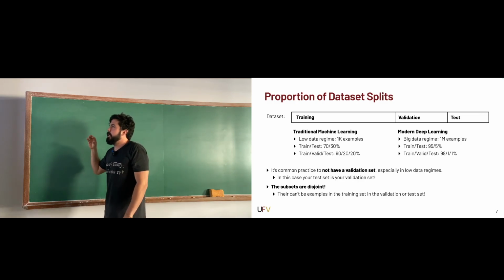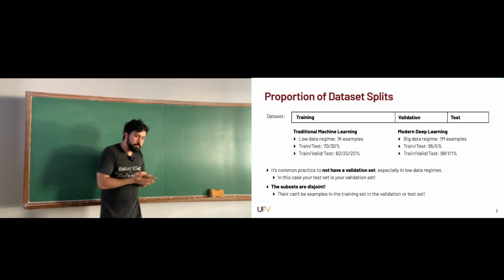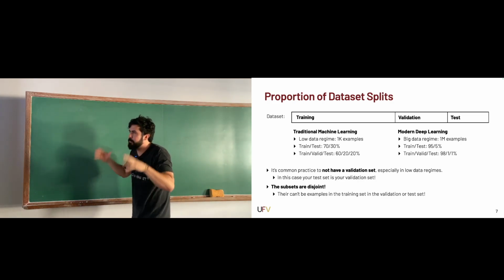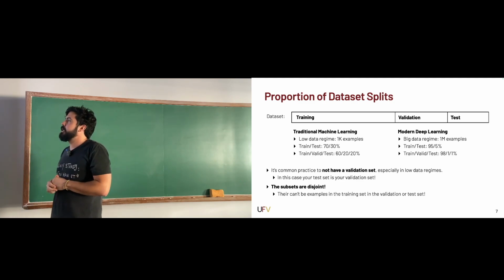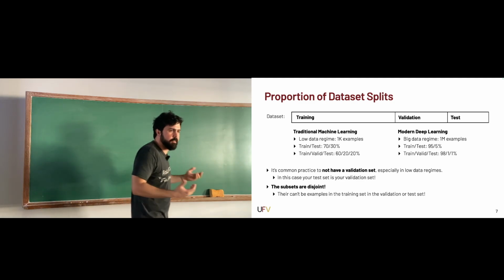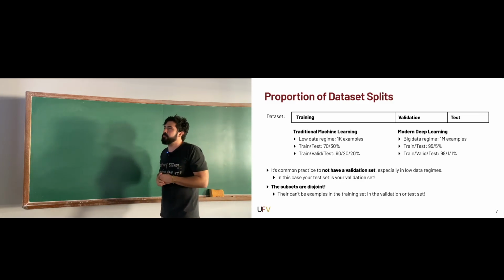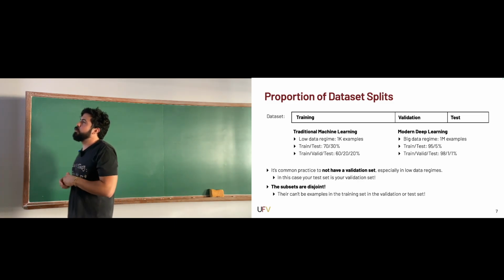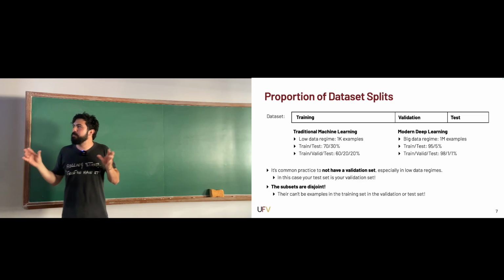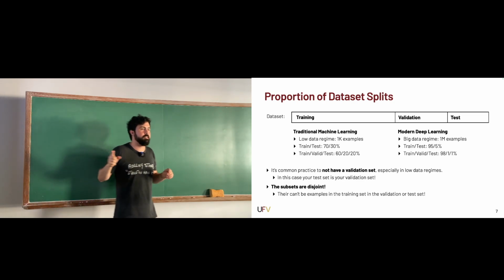Okay? And in traditional machine learning, back in the day, when we had low data regimes, and here I'm picking a number that is an example and makes sense, like if you have about, let's say, 1,000 examples or less, or a little bit more than that, even maybe up to 10,000 examples. In these low data regimes, the most common split would be 60-20-20 if you had training, validation, and testing.